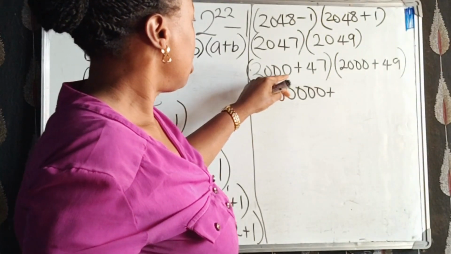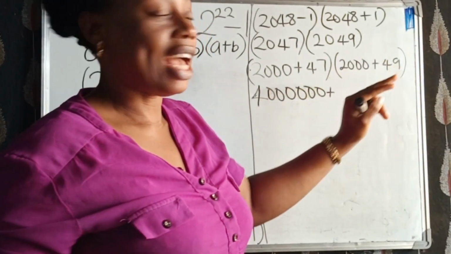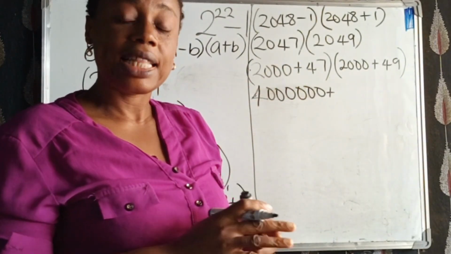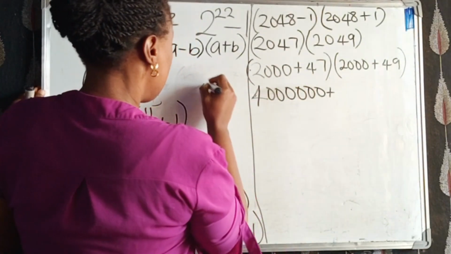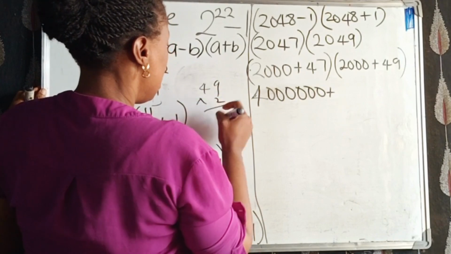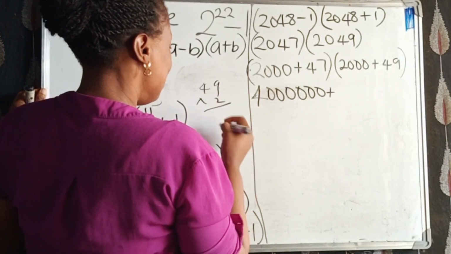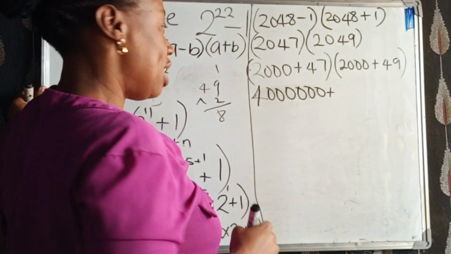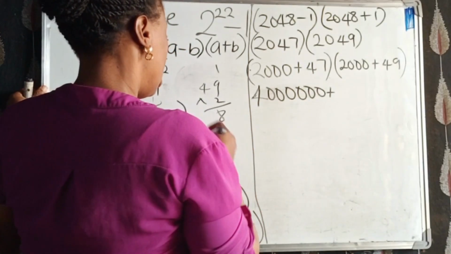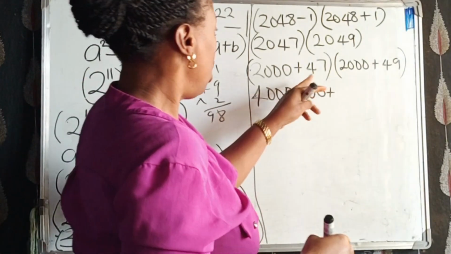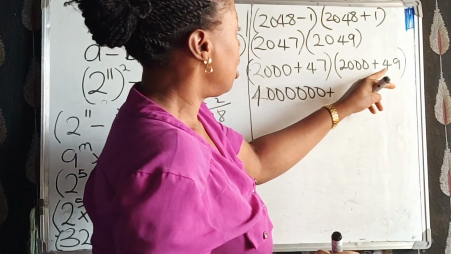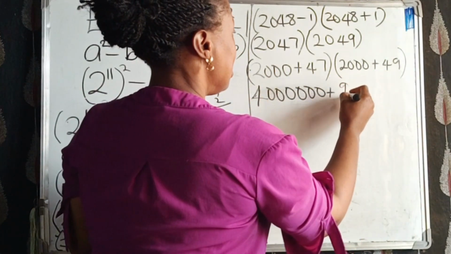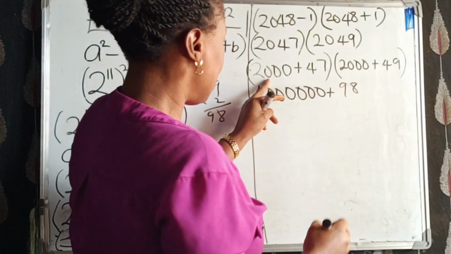2000 times 49. We have 3 zeros here, so what you're going to do is say 49 times 2. 2 times 9 is 18, 2 times 4 is 8 plus 1 is 9. So 2000 times 49 will be 98,000. That's 98 with these 3 zeros.